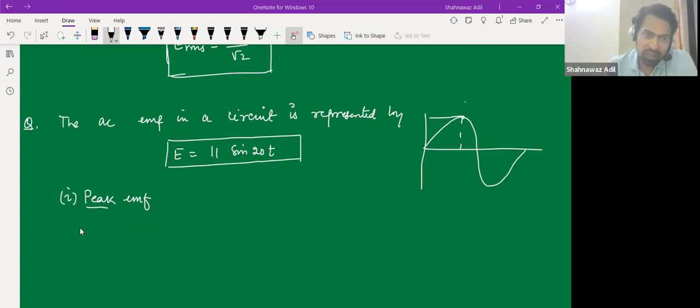So we have to calculate peak EMF, and then we have to calculate average E in a full cycle.